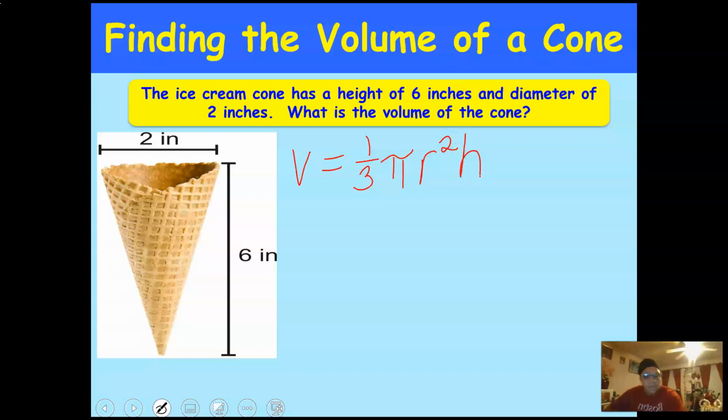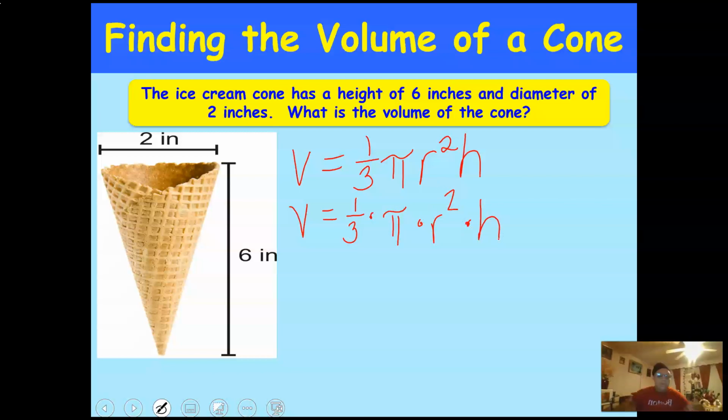So what does all this mean? It literally means exactly what it looks like: V equals 1/3 times pi times r squared times h.